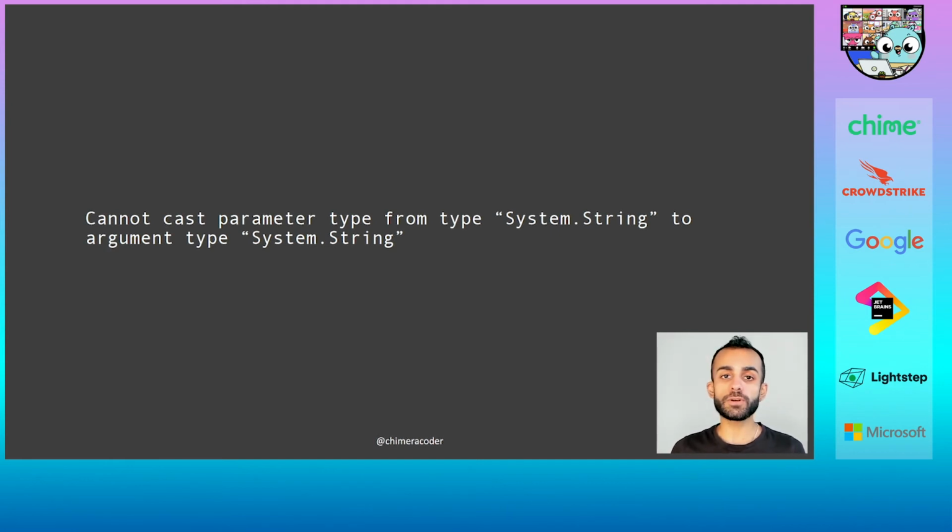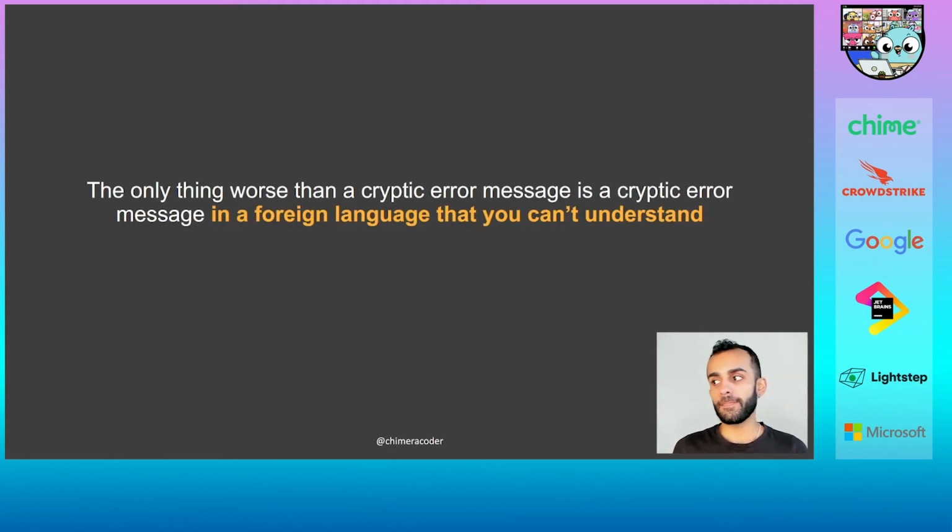But the only thing that's worse than a cryptic error message is a cryptic error message in a language that you can't even understand. So error messages are a great starting point because not only are they going to be finite in number, but translating them will have a huge impact on your collaborators as well. And they're the easiest to solve from a technical perspective because we can use existing localization strategies. Many languages already have libraries that assist with this.